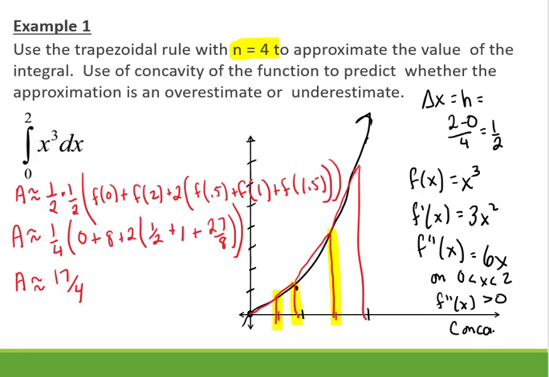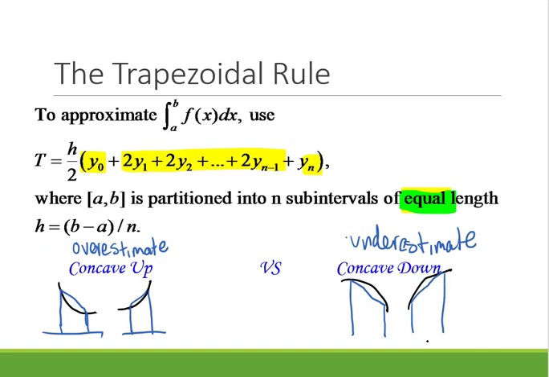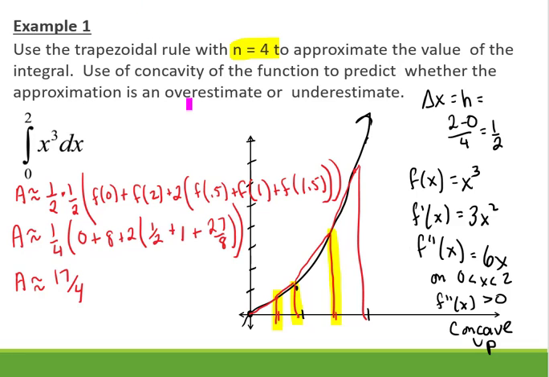So remember, if I'm concave up, it is an overestimate. So it's an overestimate. And you can kind of see that by the trapezoids that I drew in.